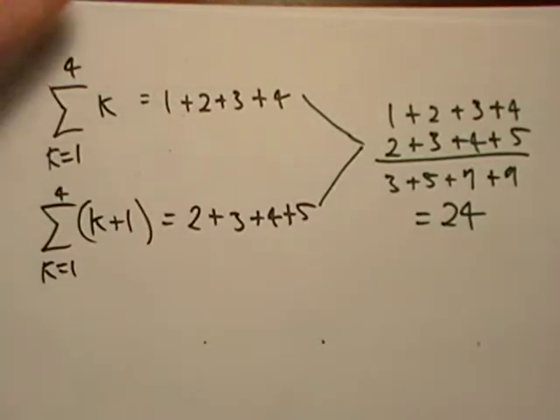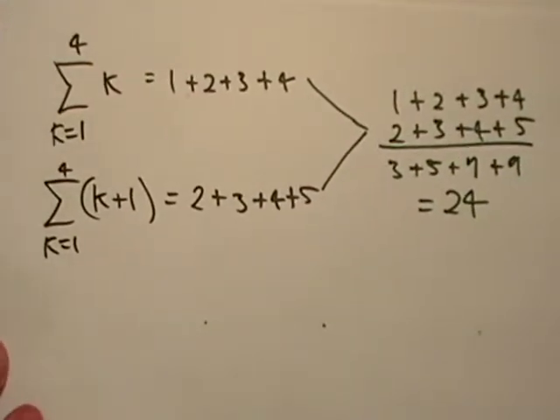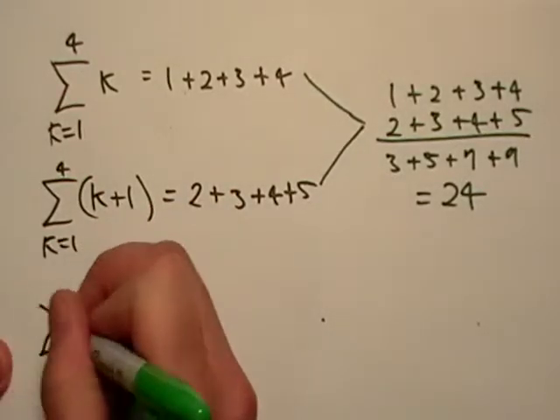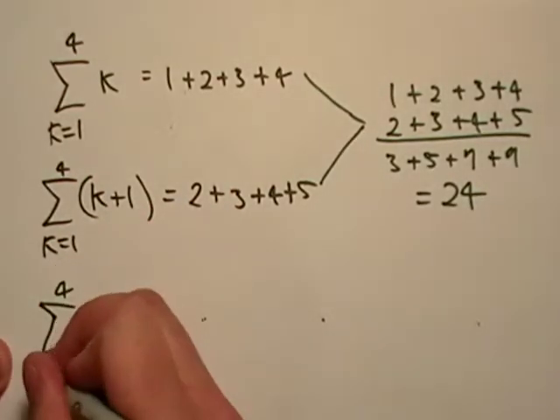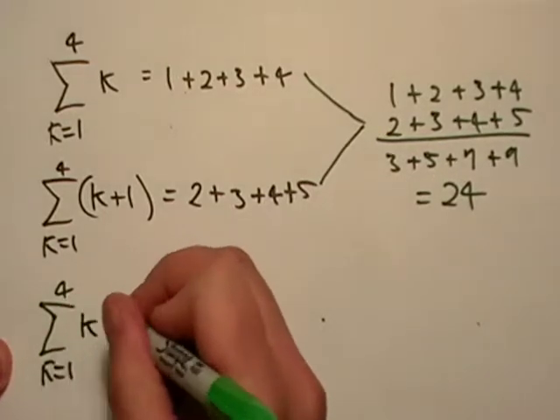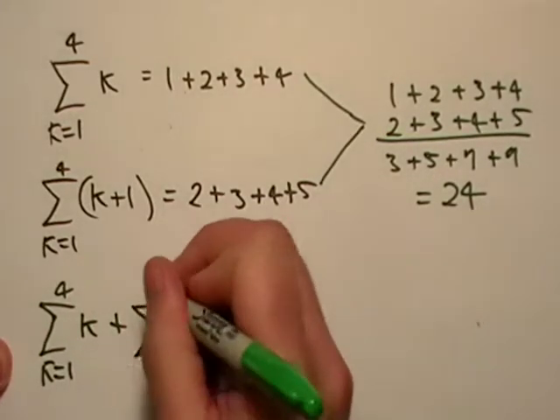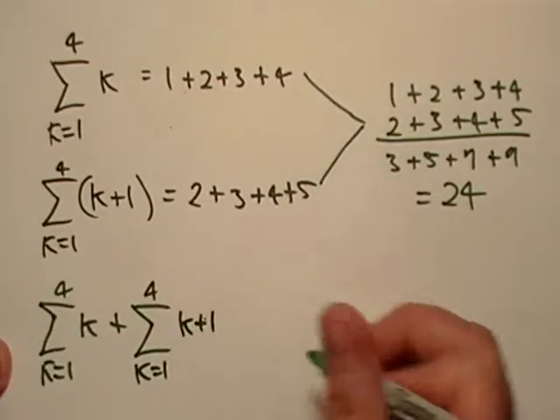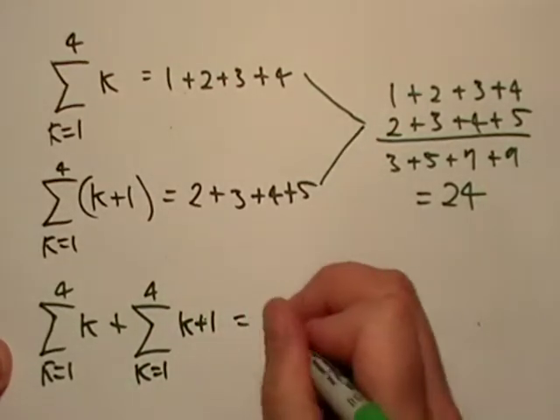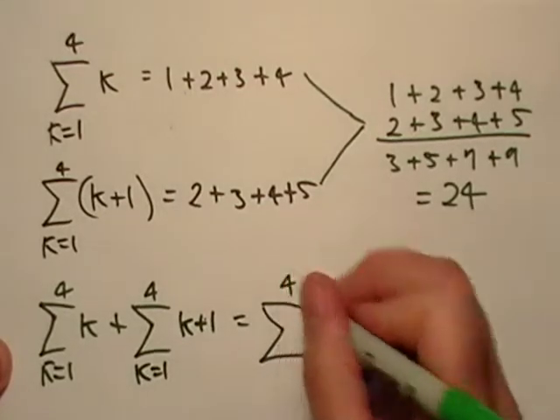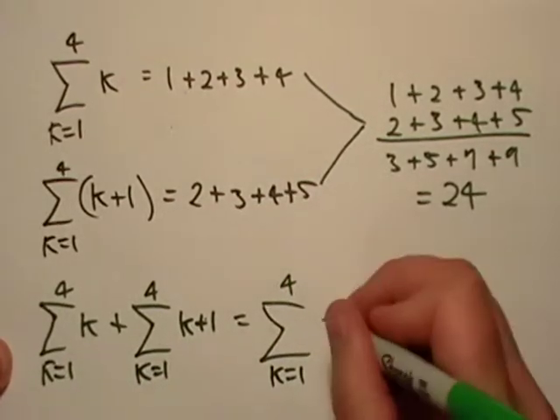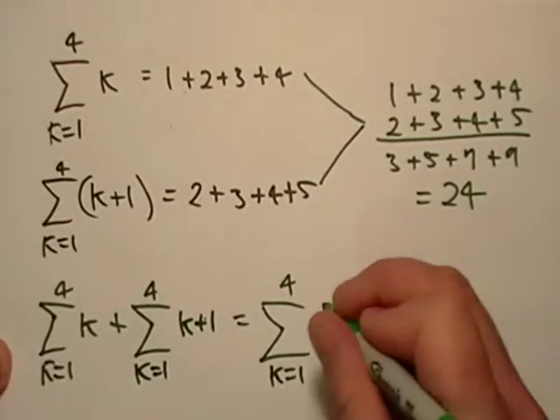So that's kind of like the brute force method, but what if we just added these two things together? Well, that right there would be equal to, k plus 1 is 2k plus 1.